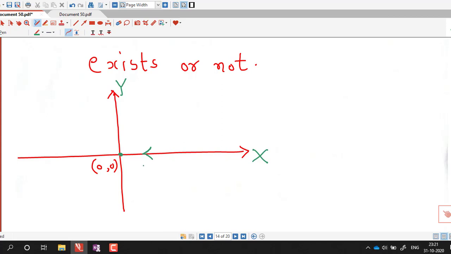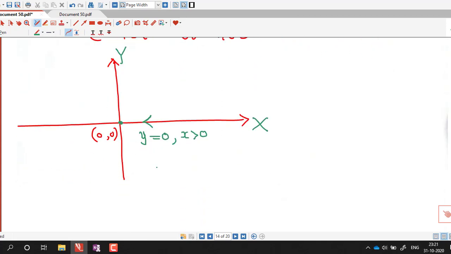Along the positive x-axis we know that y is always 0, and because we are along the positive x-axis we consider x positive. So first we check the limit along this path, along y equal to 0, x greater than 0.